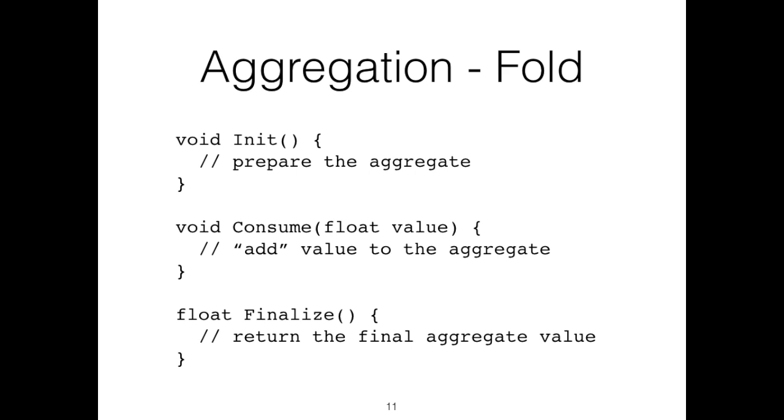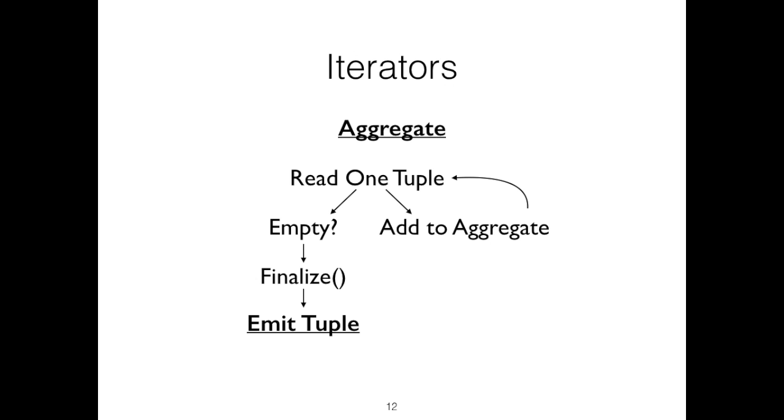Finalize, you spit out the value. That's it. So, going back to this model of implementing aggregates, I haven't actually told you what an aggregate looks like in relational algebra, but you read in tuples, every single tuple you read in, you stick it into the aggregate, and then finally, once you've read everything, you emit what you have.